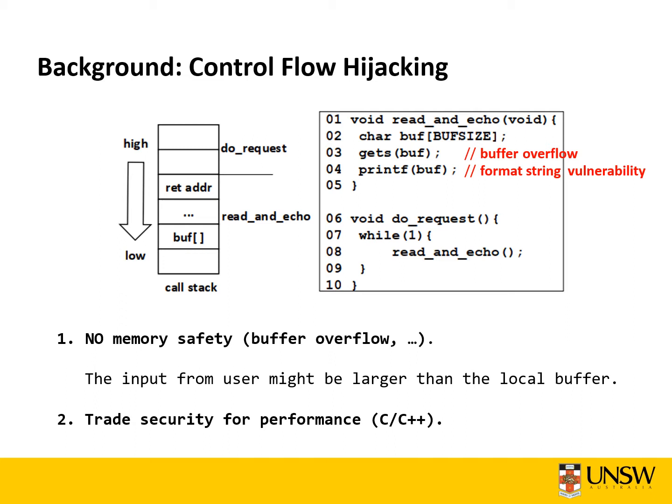A malicious user can provide more data than the buffer can support, such that the return address saved on the core stack will be modified. So when the function returns, the control flow will be hijacked. By the way, there is also a format string vulnerability at line 4, which can lead to information disclosure.